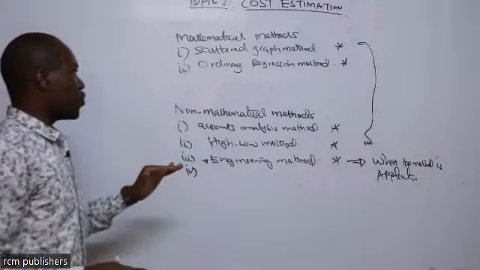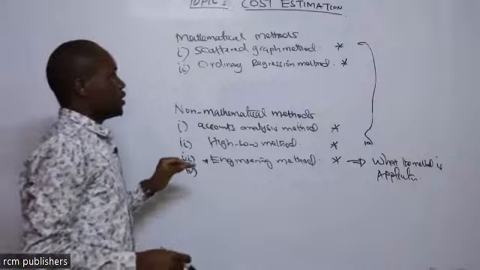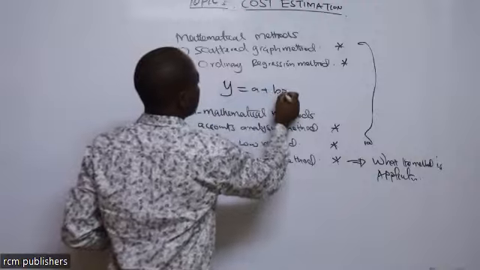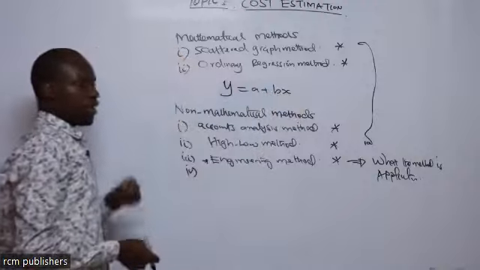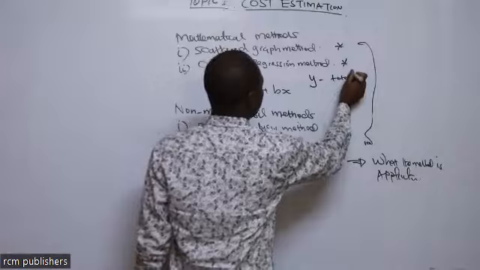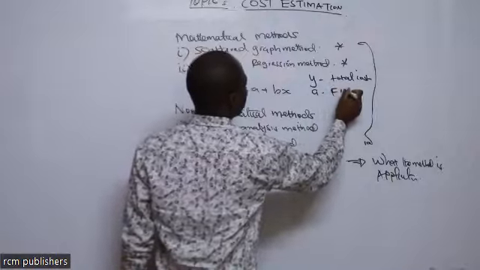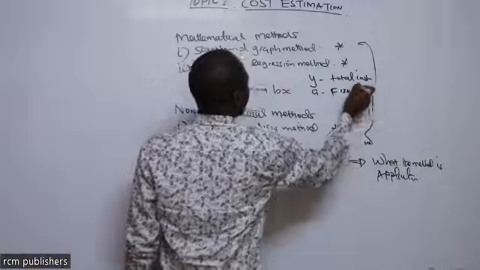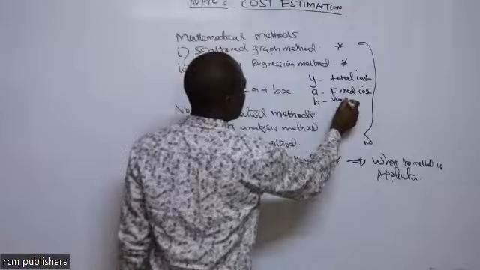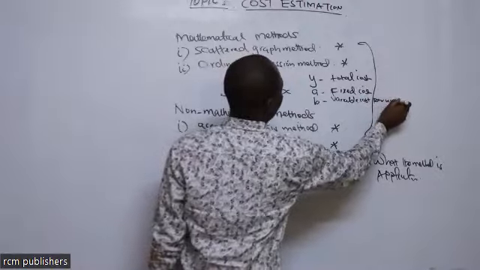Once you know that, because all of these other methods must take you to y = a + bx, which the other day we said that y is the total cost, a is the fixed cost, and b is the variable cost per unit.